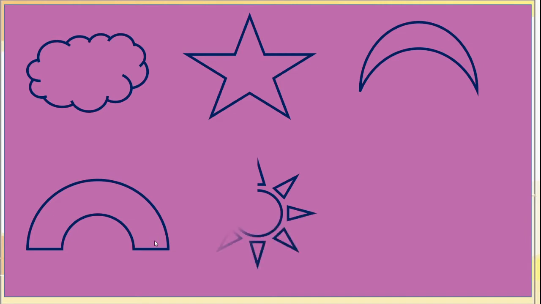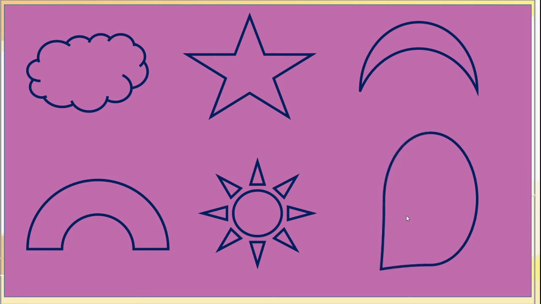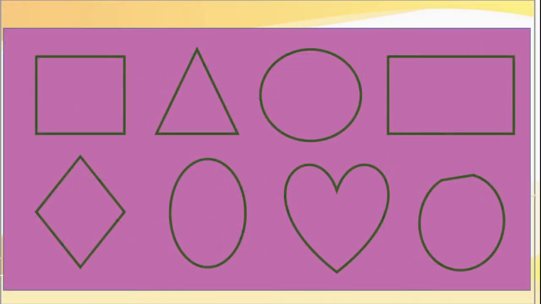This is called crescent moon shape. Yes, this is rainbow shape. This you can say flower shape. Yes, mango shape, isn't it? So many shapes we have drawn on the chart paper. This is our second step. Correct? Now we will move to the third step.